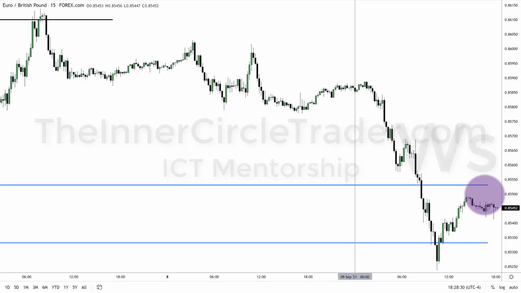So knowing what you're learning here, you only need to learn one thing here, one approach to engaging the marketplace. It could be the breaker. It could be a mitigation block. It could be the order block. It could be the fair value gap. It could be the optimal trade entry. It could be balanced price range.